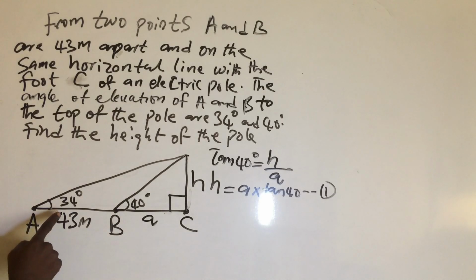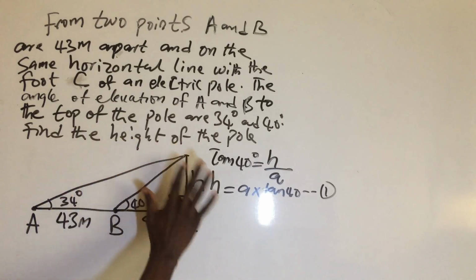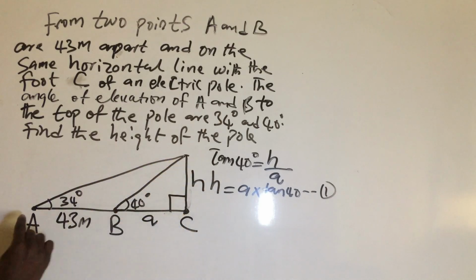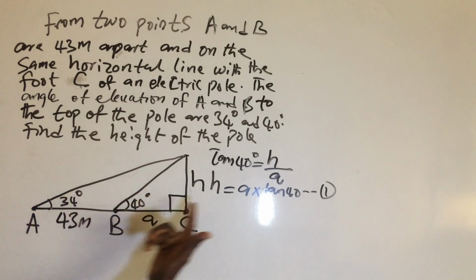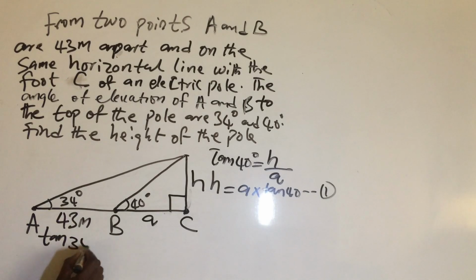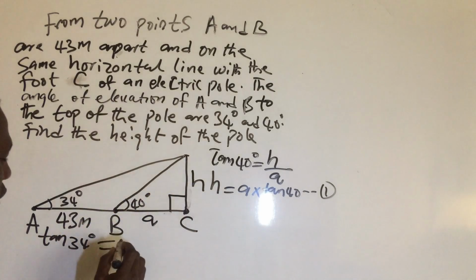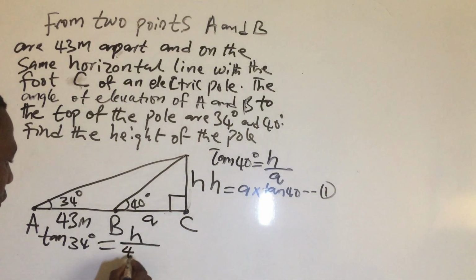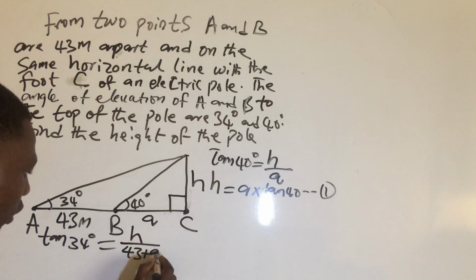All right. Now let's move to the second one. The second one says that now let's use this whole triangle, using A, C, and the top of the pole. Now it's still the same tan. We now say tan 34 degrees is equal to opposite, which is H, all over adjacent, which is 43 plus this a, all right?